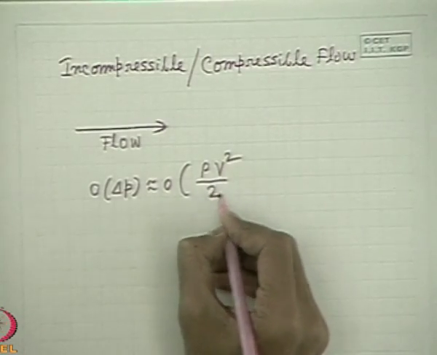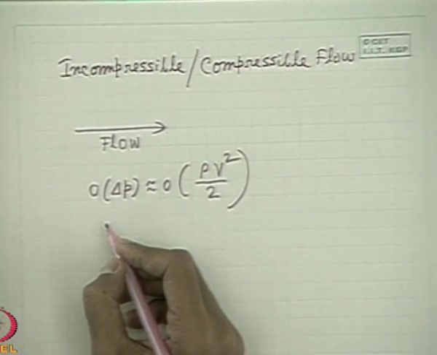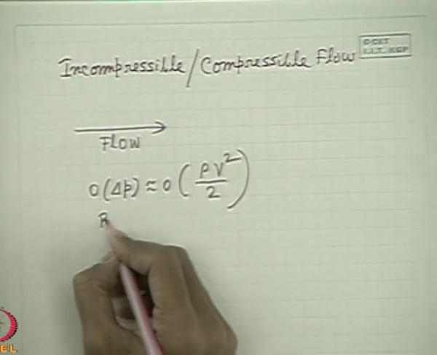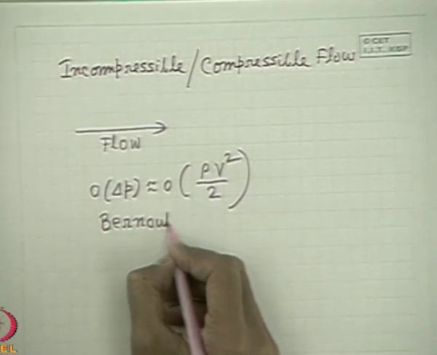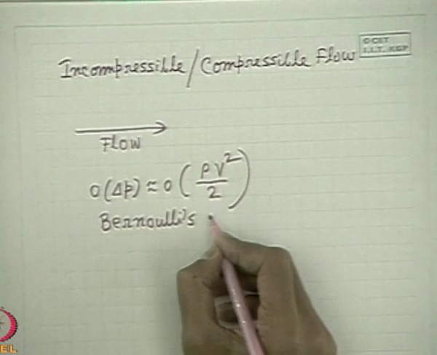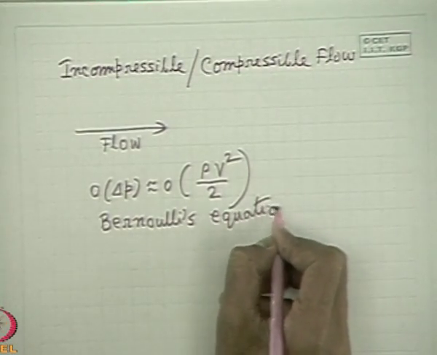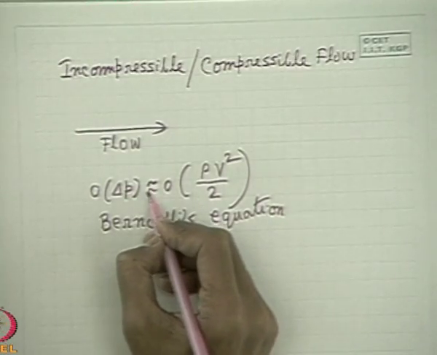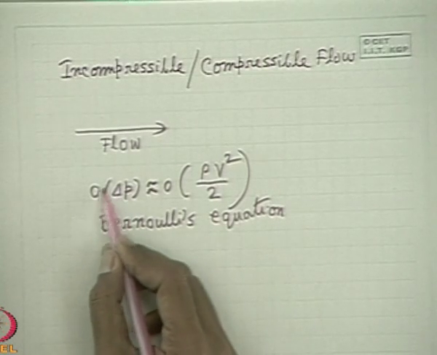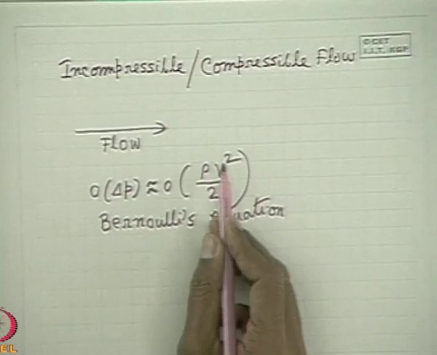This comes from a principle known as Bernoulli's equation or Bernoulli's theorem, which we will discuss afterwards, which gives us the idea that the order of the pressure difference brought about by the flow is in the order of rho V square by 2.